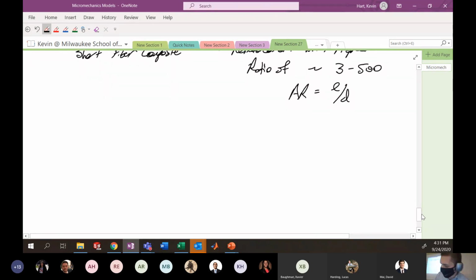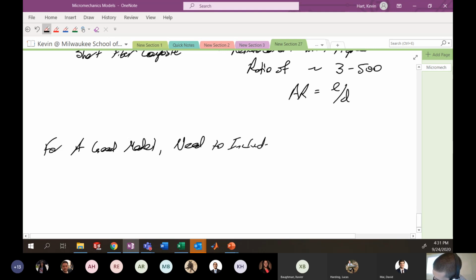So for a good model, we need to include the following information. Obviously, properties of the fiber and the matrix are going to be important.